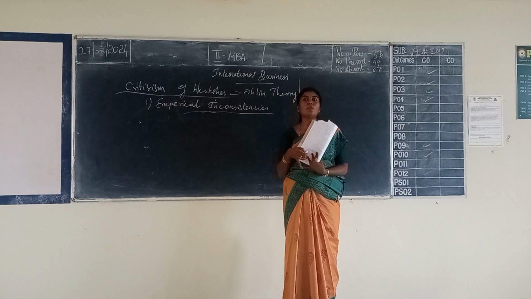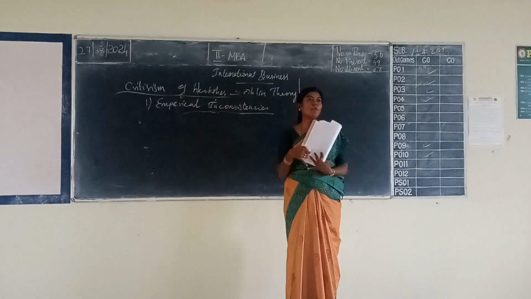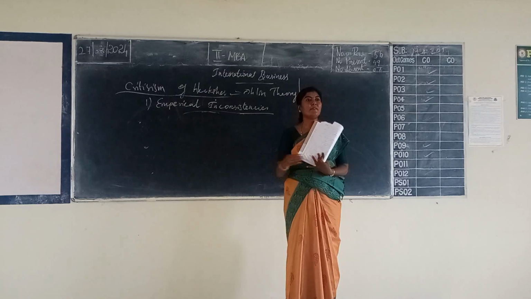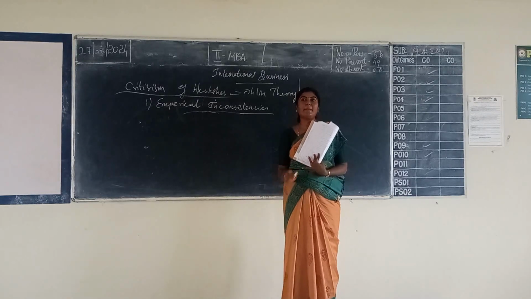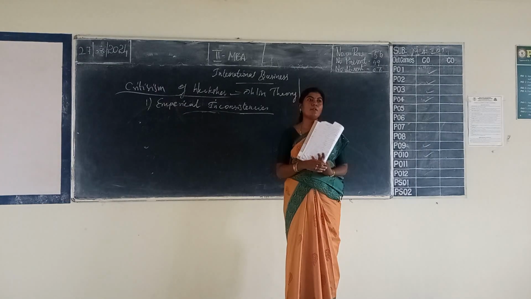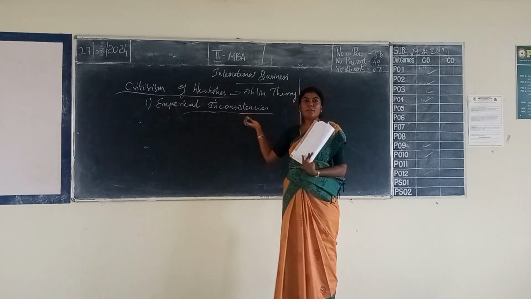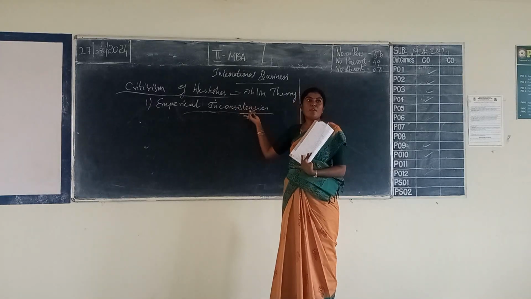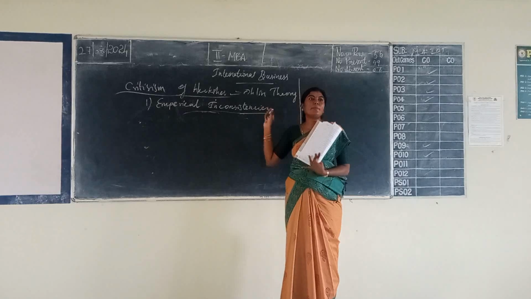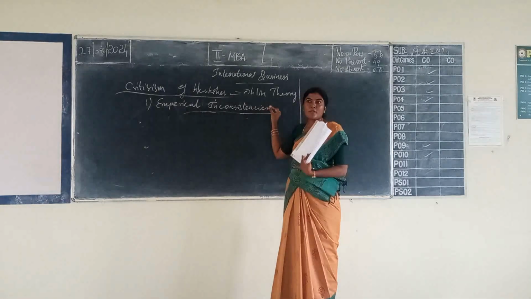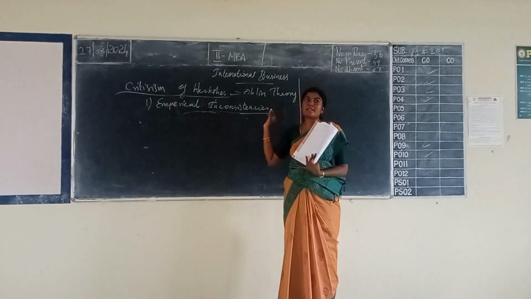This is the theory's core concept. Heckscher-Ohlin theory's core concept is developed nations will have capital intensive, developing nations will have labor intensive. But the US is in turn labor intensive also. So this is not applicable to the US. So empirical inconsistent: this is not the same for one country. So this cannot be believed. That is the meaning of this criticism. Okay, so inconsistent with the US.